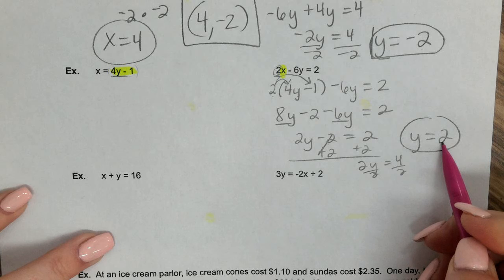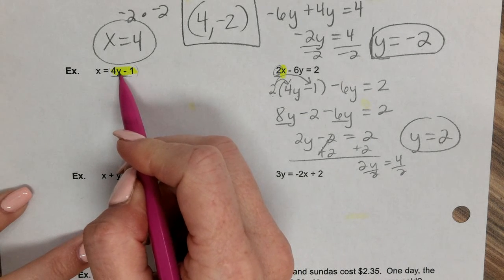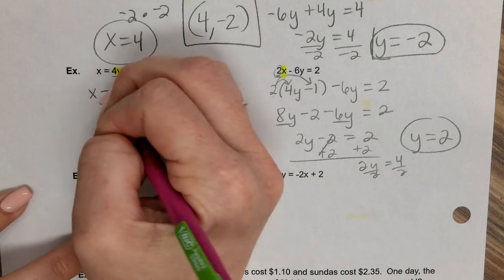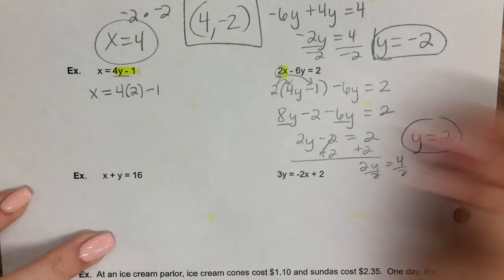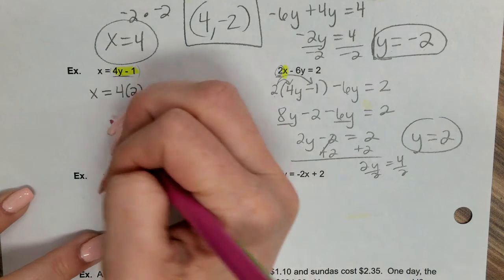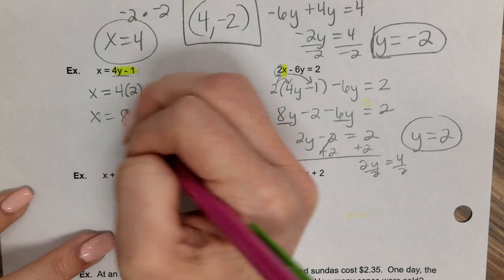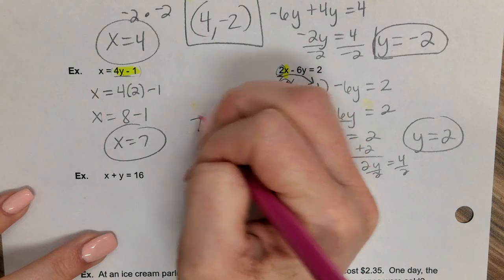Okay, take this 2 and plug it in for that y. So x equals 4 times 2 minus 1. X equals 8 minus 1, which is 7. So 7 comma 2.